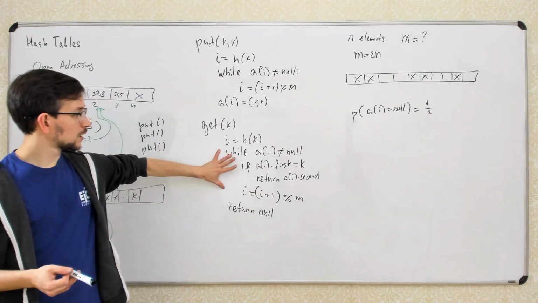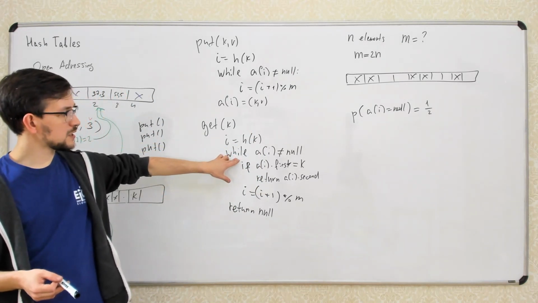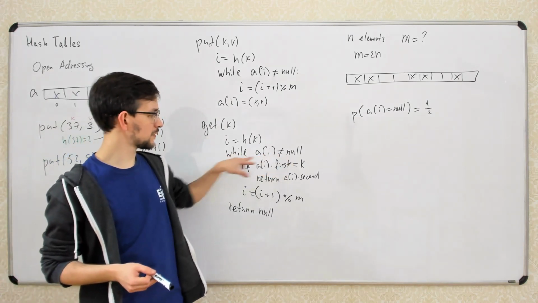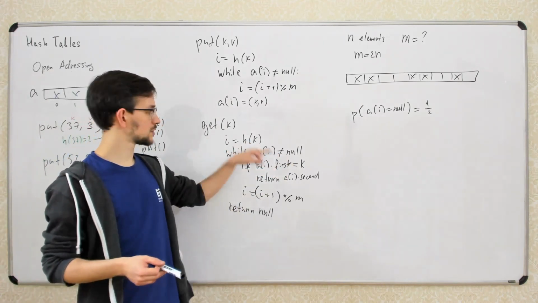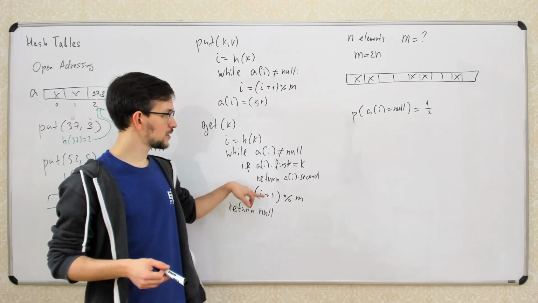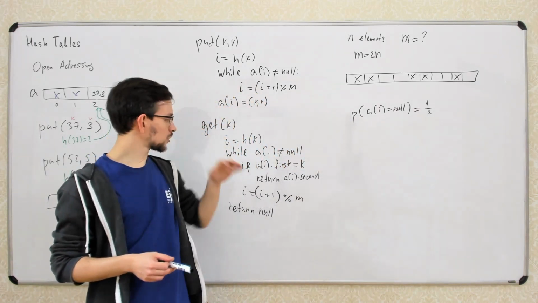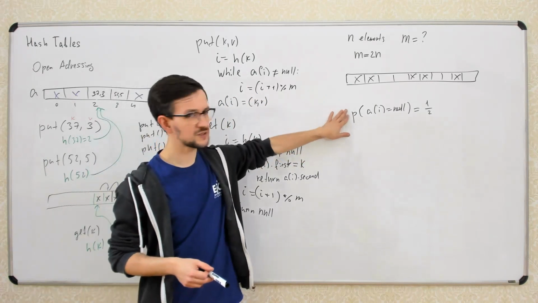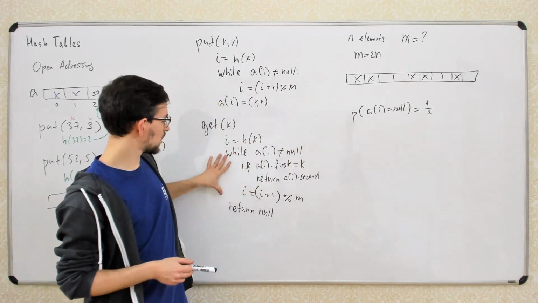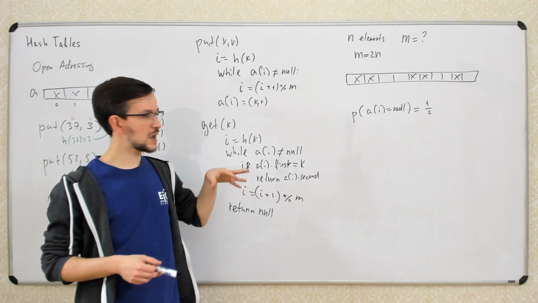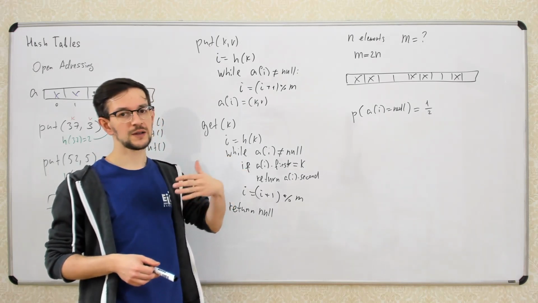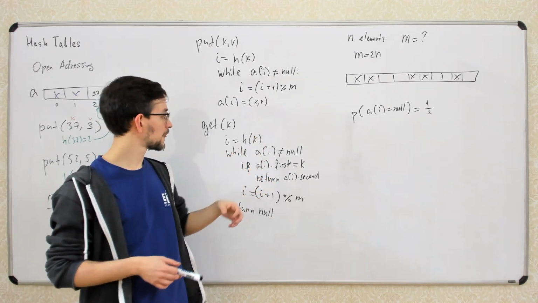So here you continue your while loop if the cell is not null. So the probability that you will go on to the next step of your loop is 1/2. If we say that that's true, it's almost true, what will be the expected number of steps until you find the empty cell?